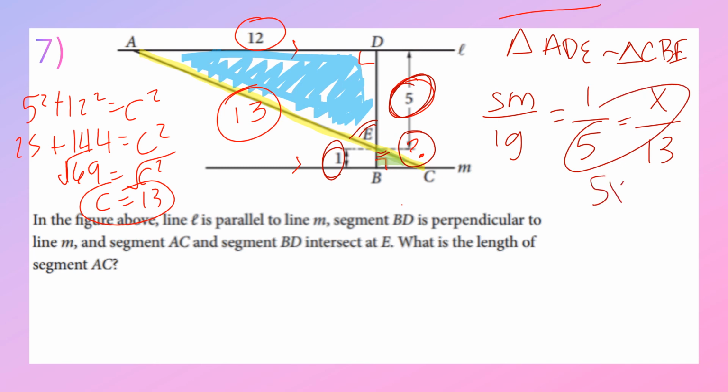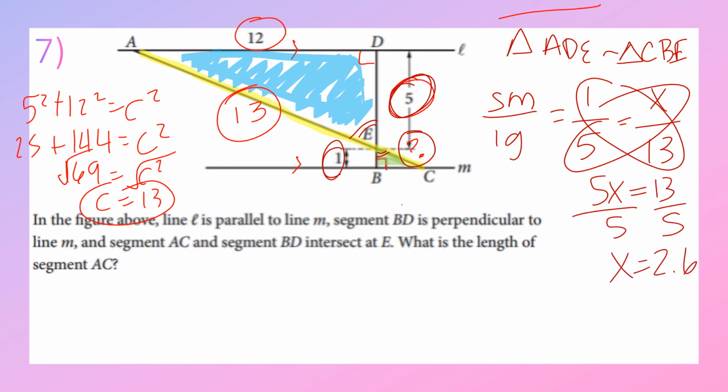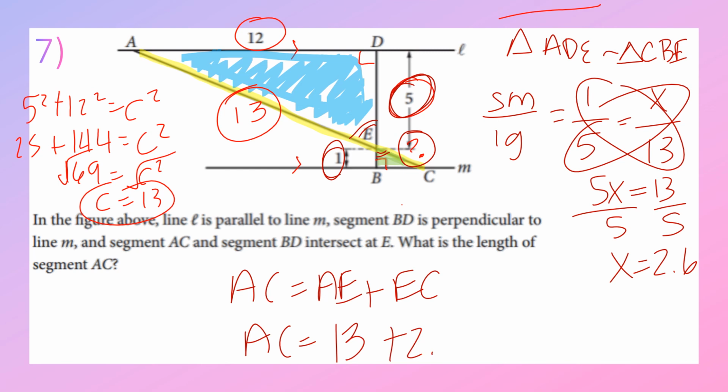So cross multiply, 5 times x is 5x, 1 times 13 is 13. Divide both sides by 5, x equals 2.6. We know that AC is the AE portion plus the EC portion. So AC would be 13 plus 2.6, and we get AC equals 15.6.